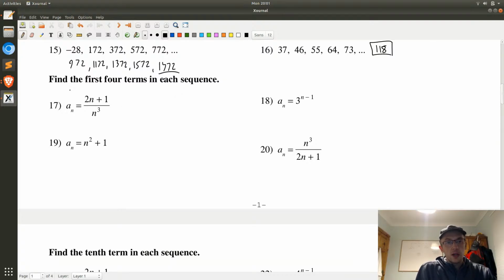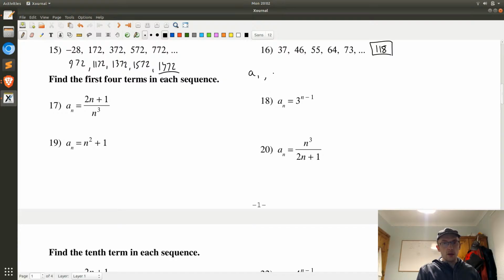Now we have rules for generating each sequence. This here, this tiny little subscript here, how does this even work? Well, if I want the first term of the sequence, I just plug in 1, because the first term of just a generic general sequence, we call that A with a little tiny 1 down there.